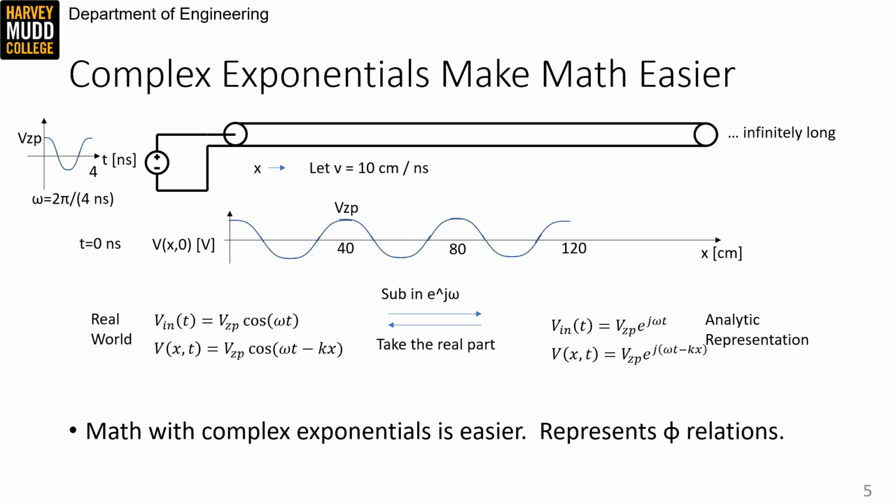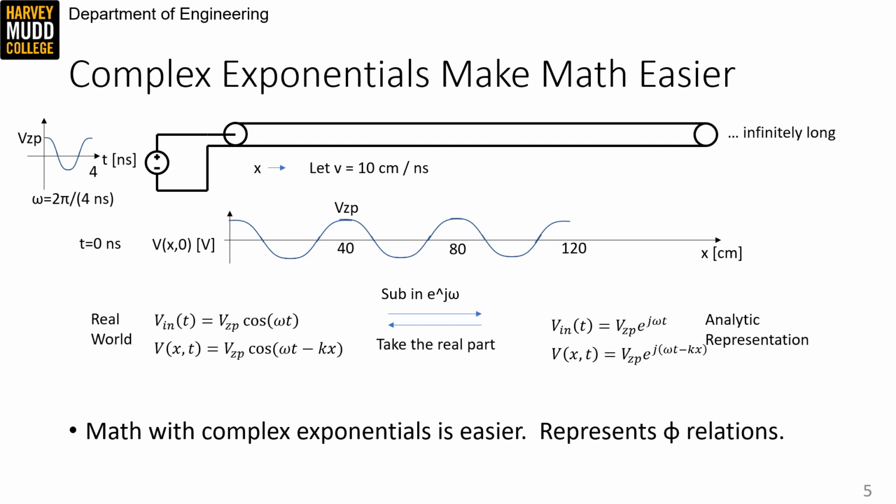There's one further complication with how we represent sinusoids on a transmission line, which is that no one remembers high school trigonometry. As a result, trigonometric functions are kind of a pain to work with. We sidestep that mathematical headache using something called an analytic representation, where we let complex exponentials stand in for sinusoids.